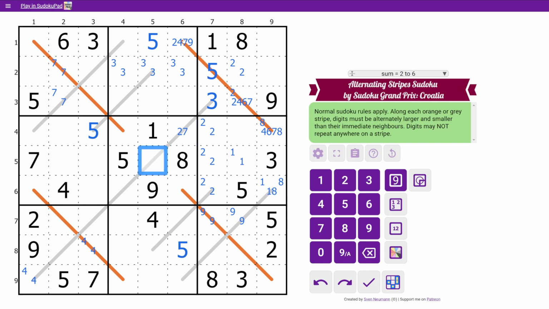And then this would have to be lower, and it could only be a 2 or a 6. This could have been a 6. Could have been a 4 too, I guess.